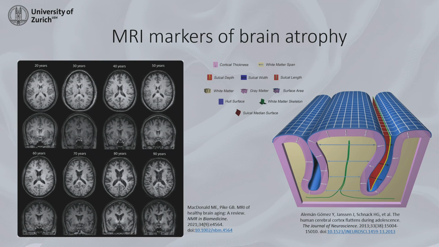And well, how do these markers of atrophy appear in an MRI? So here I have 8 examples of MRIs, one of different subjects, one for each decade of life. And you can see that some markers are quite clear. You get these ventricles. These are cerebrospinal fluid compartments inside the brain. They are very much enlarged the older you are, for example.